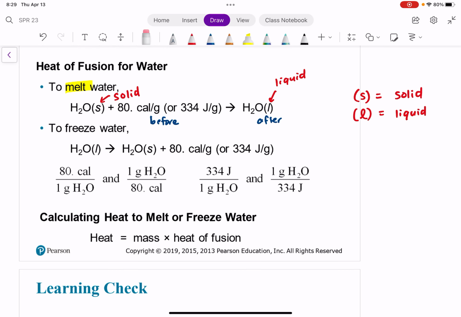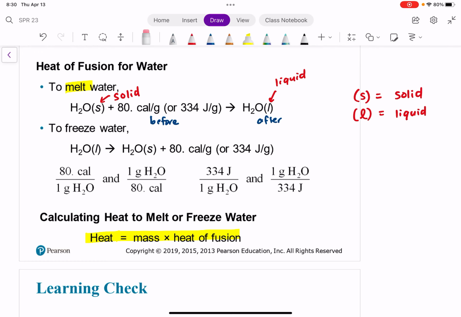So when you calculate the heat needed to melt or freeze water, or released when you freeze water, the calculation is heat equals mass times heat of fusion. This is the heat of fusion, right? This is too, but we're going to use the joules version. So heat equals the mass of the substance you have times the heat of fusion.